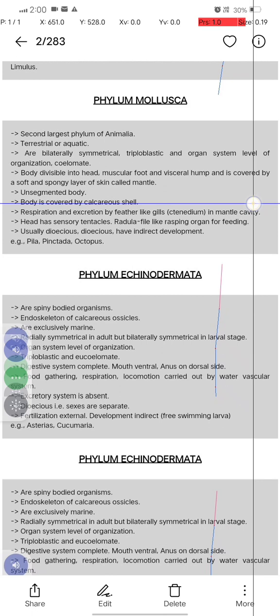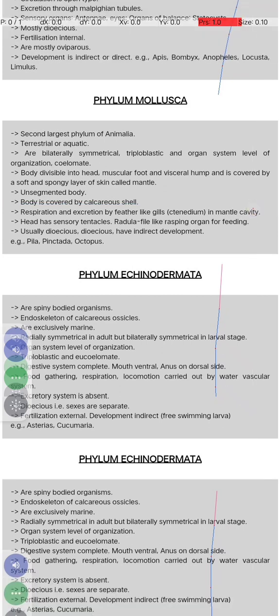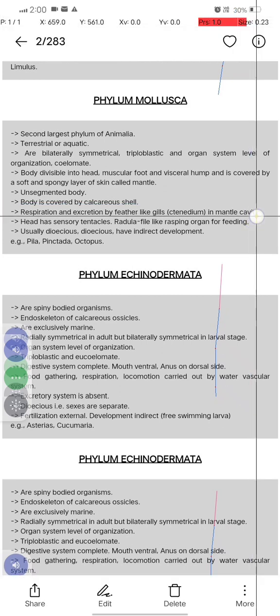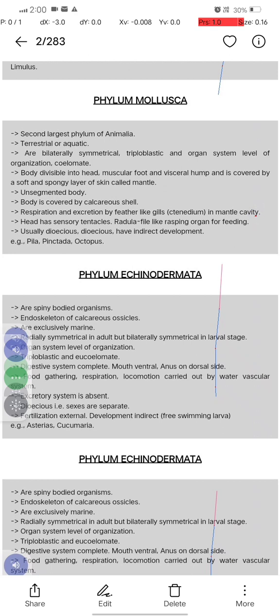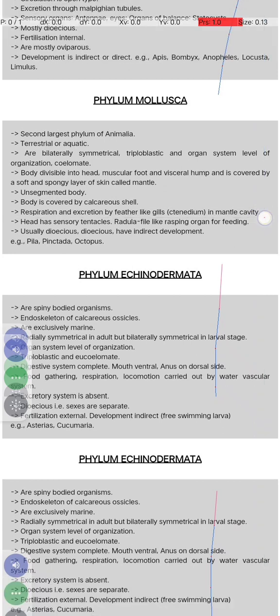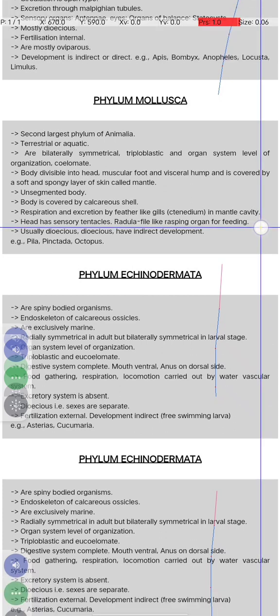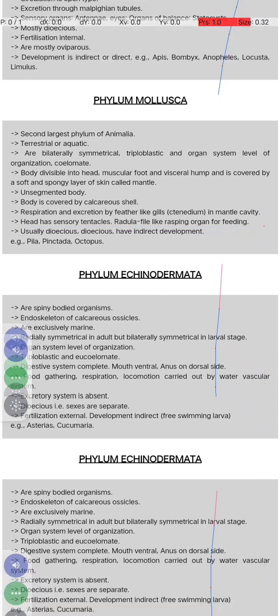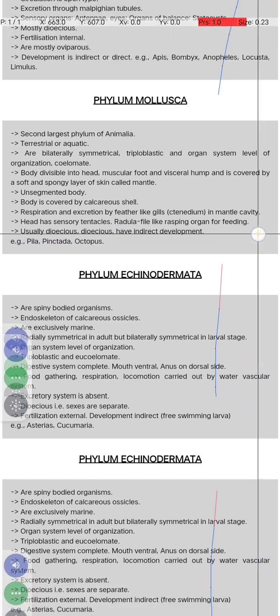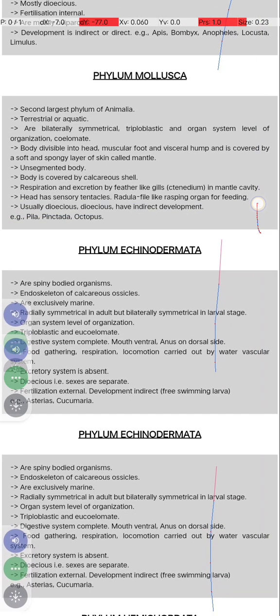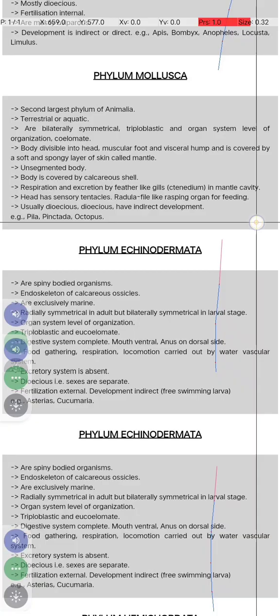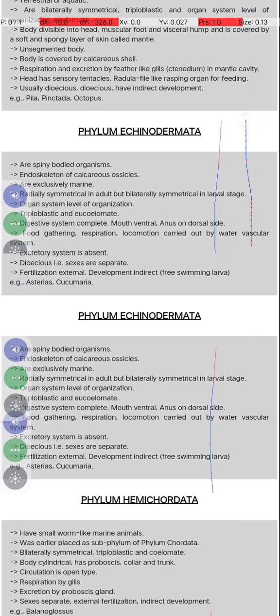The unsegmented body is covered by a calcareous shell, and respiration and excretion occur by feather-like gills, the ctenidia, in the mantle cavity. Head has sensory tentacles, and the radula is a file-like rasping organ for feeding. Usually dioecious with direct development. Examples: Pila, Pinctada, Octopus.